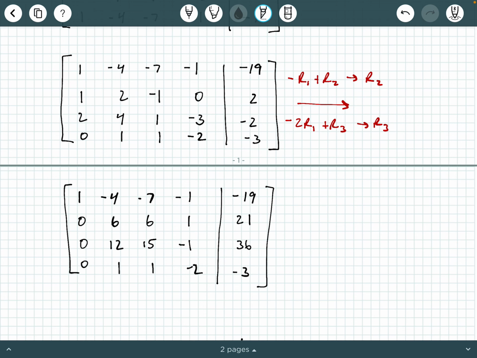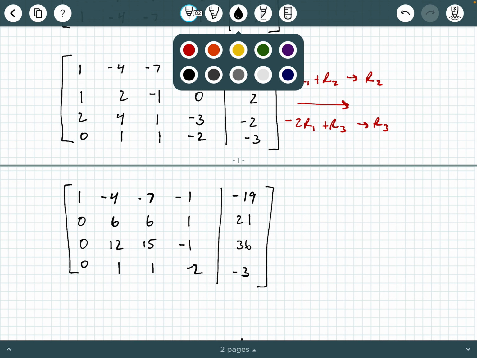Double check the next operation here. Negative 2, 0, negative 2 times this is positive 8, it's 12, negative 2 is positive 14 plus 1 is 15, and then positive 2 minus 3 is negative 1, positive 38 minus 2. I think we're in good shape. Okay, so we're slowly getting there.